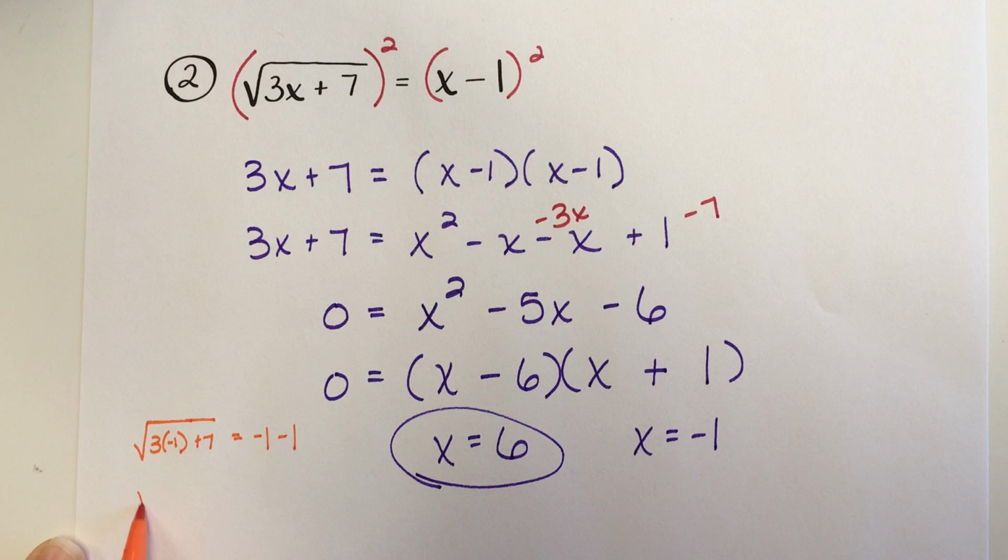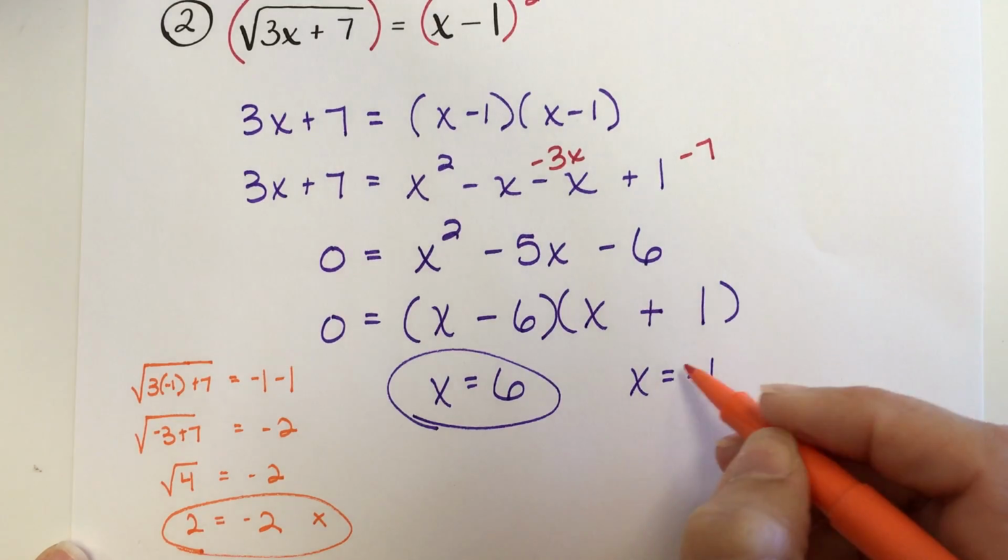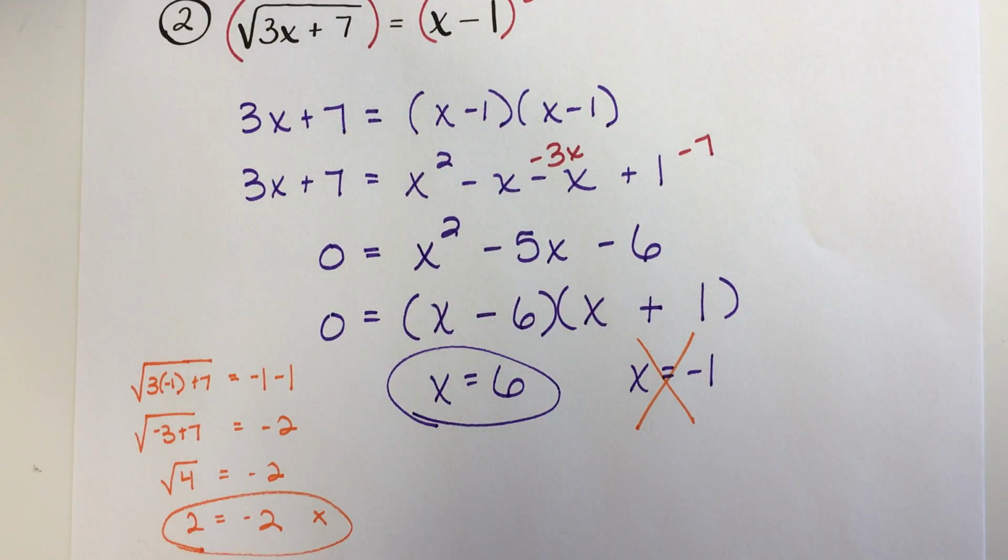Okay, so underneath your radical, this would be negative 3 plus 7, which is a positive 4. And then square root of 4 is 2. So what happens is on this one, this doesn't check because you have a positive 2 equal to a negative 2. So what you would need to do in that case is make sure that you for sure X it out. Just put an X through it if it does not check whenever you substitute it back in.